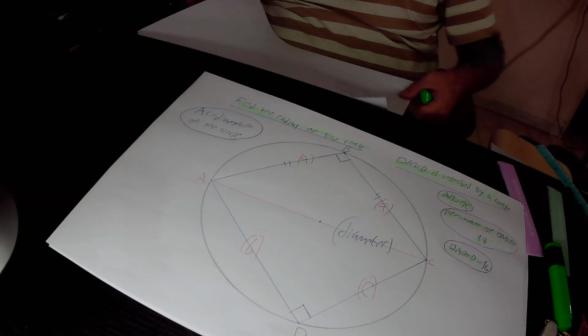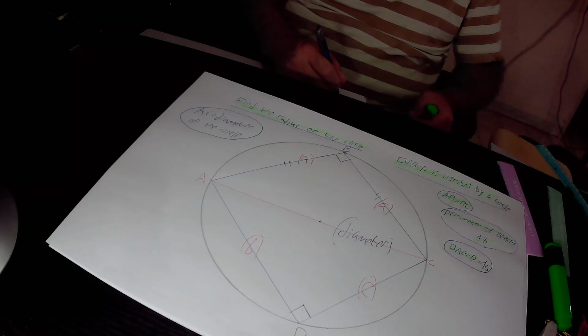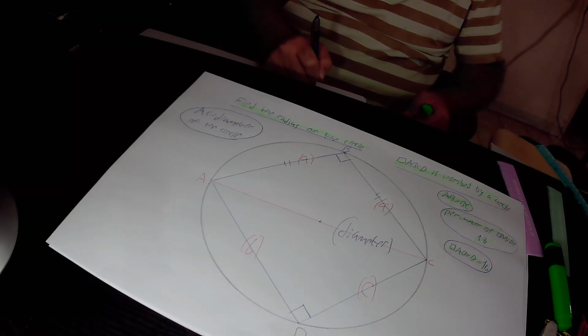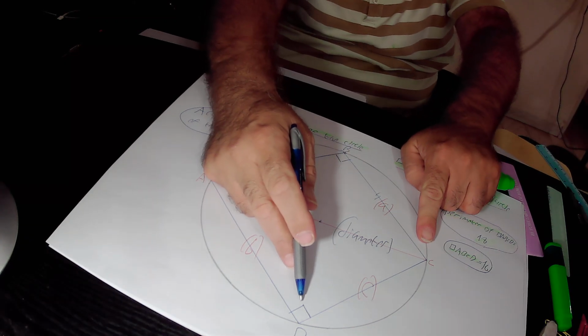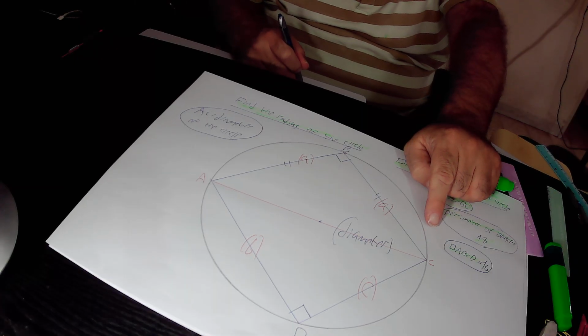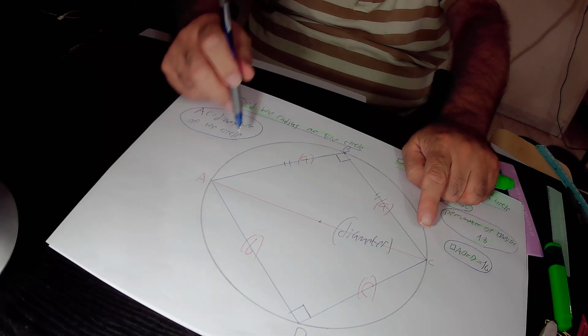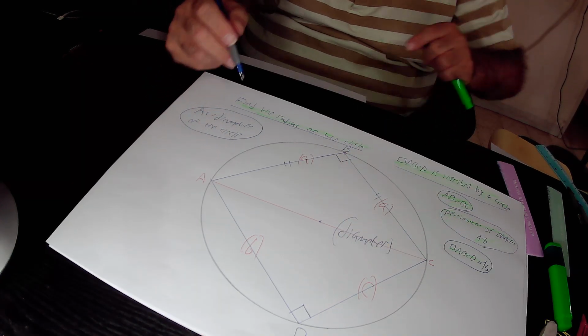AC is the missing side, so leave it as it is. So here AC squared equals CD squared. CD is C, therefore CD squared is C squared, plus AD squared. AD is B, therefore AD squared is B squared.